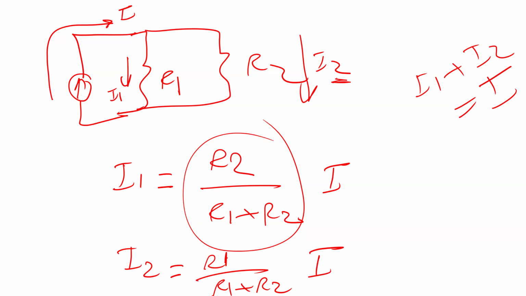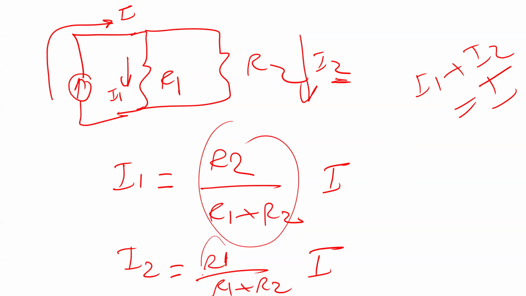Okay? So now let's look at the interesting part, the important part you should realize and understand. Based on what I explained here, which branch is going to take the bigger current, or which has the higher ratio?